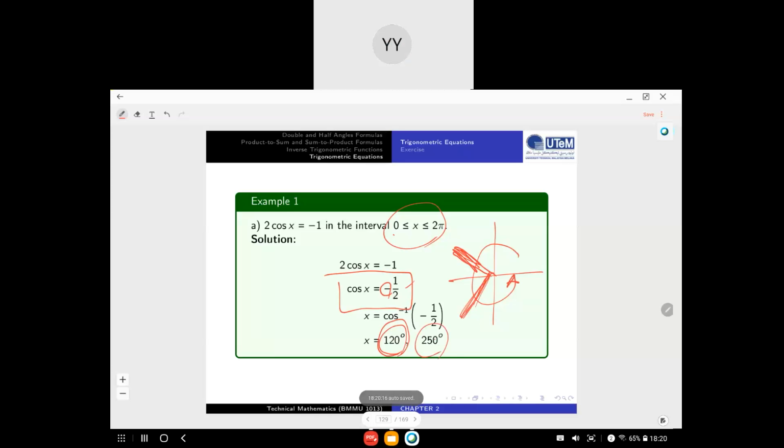Okay, this one is 240 degree. Sebab dia punya reference angle adalah 60. So 180 tambah 60 sama dengan 240. Okay, so 240 correction ni, not 250.